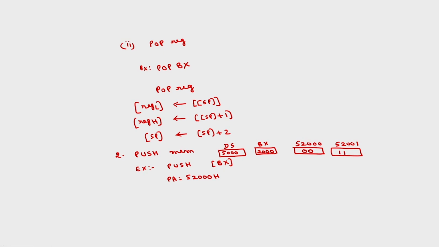So here what happens is, the contents of 52,000 will be transferred to contents of SP minus 1, and 52,001 will be transferred to contents of SP minus 2, and SP becomes SP minus 2.